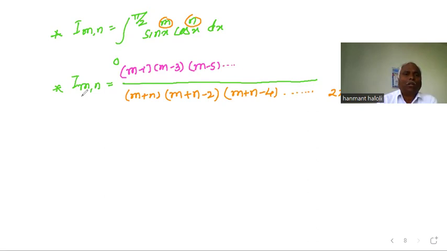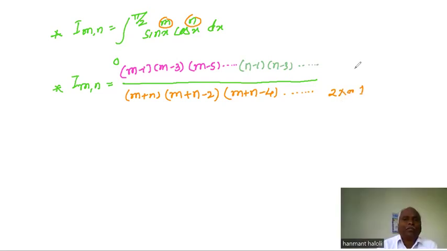Similarly for n: n minus 1, n minus 3, and so on, into p. What is the value of p?